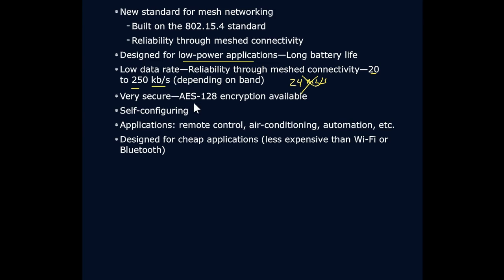Now it can be secure. We can wrap that in AES 128-bit encryption keys to ensure that it is not being transmitted in an insecure way. We have secure sessions. It's self-configuring, so it's very easy for these devices to just hook up and say, okay, I'm a part of the ZigBee network here. And we've talked about the applications in mind.